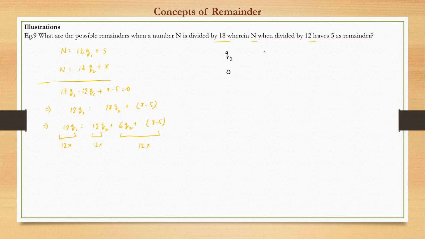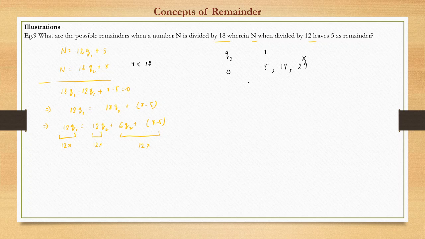So what are the possible values of r? When r minus 5 is 0, it is 5. When r minus 5 is 12, it is 17. When r minus 5 is 24, it is 29. But here r has to be less than 18, right? The remainder will always be lower than the divisor. So we'll not go further because r has to be less than 18. So we'll take only two cases.